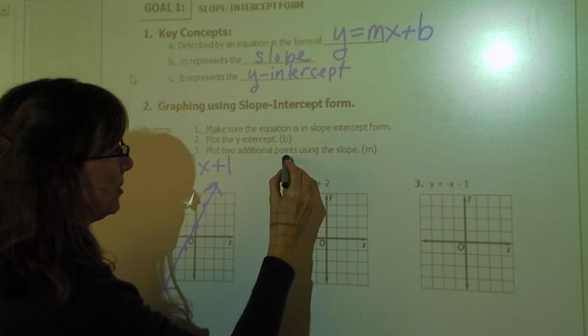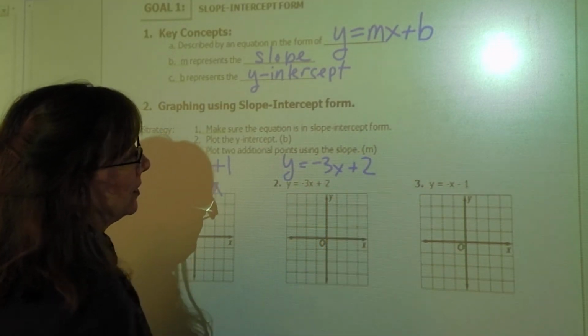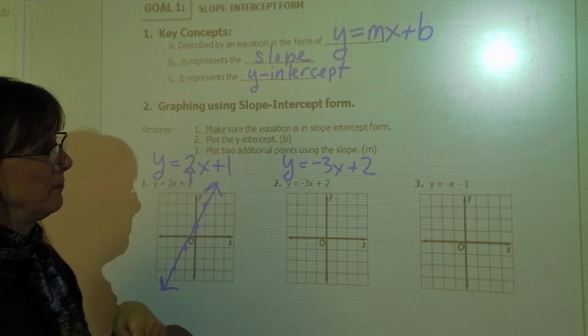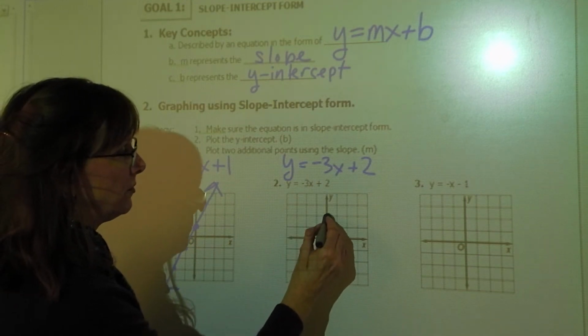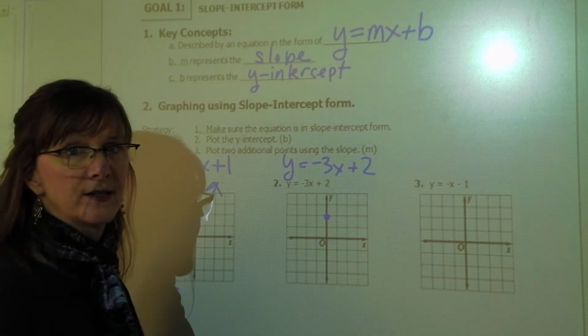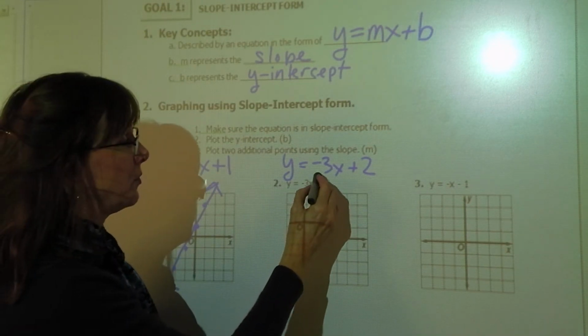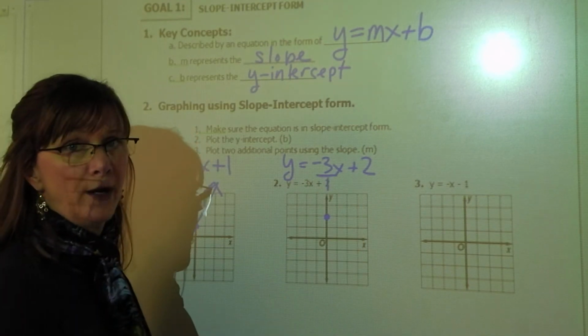Your equation, as you can see, is y equals negative 3x plus 2. This time our equation is in slope-intercept form. So now we're going to start at our y-intercept, which is 2. You're going to put a point on the y-axis at 2. Again, our slope is negative 3, so we remember that negative 3 is understood to be over 1.